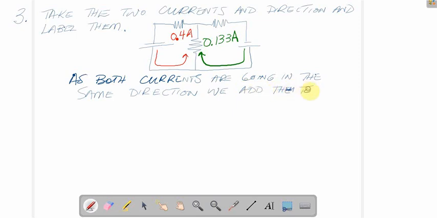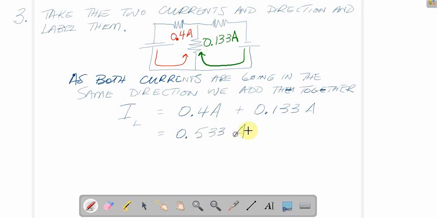So just write these out so we get these steps here. So we're going to add those two together. So once we do that, we see the total load current is 0.533 amps. That's going to be the load current.